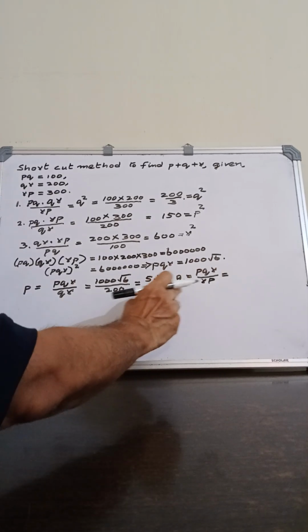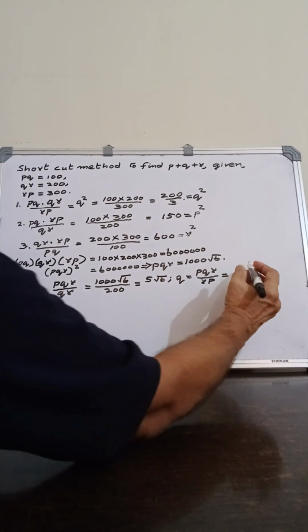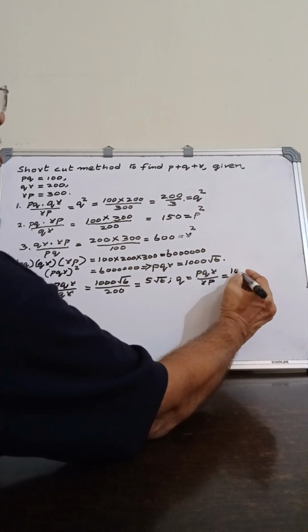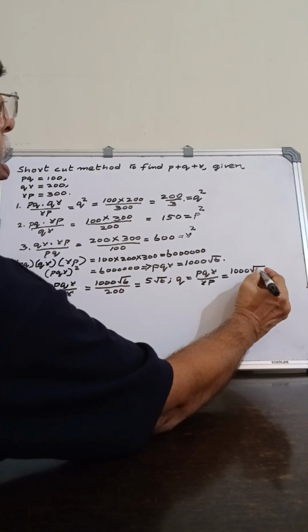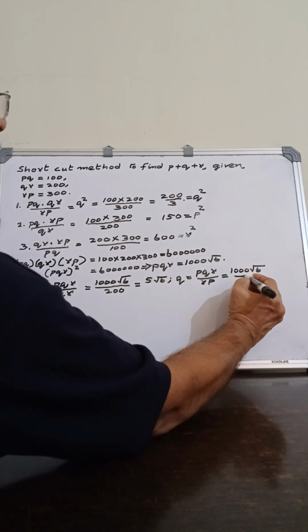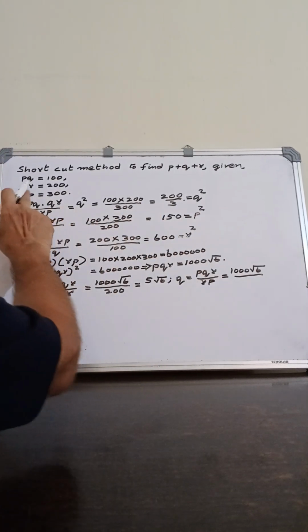PQR divided by RP gives 1000 root 6 divided by RP, 300.